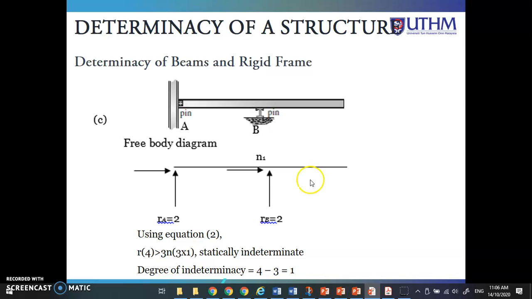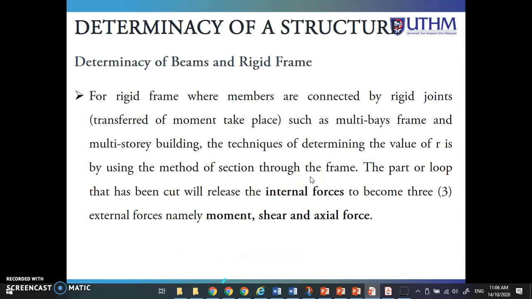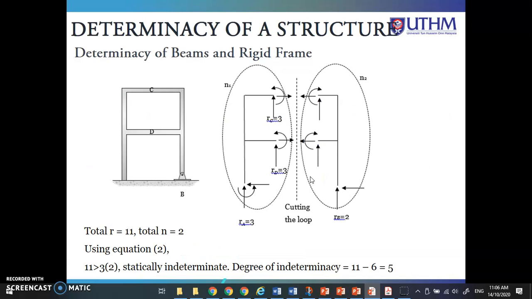So that one is untuk beam. Belum lagi untuk rigid frame. Rigid frame sama juga, equation yang sama, cuma dia kena bahagikan. Okay. So this part will separate by 2. So reaction kat sini akan ada fix, yang sini akan ada pin. So N dia akan bahagi kepada 2.